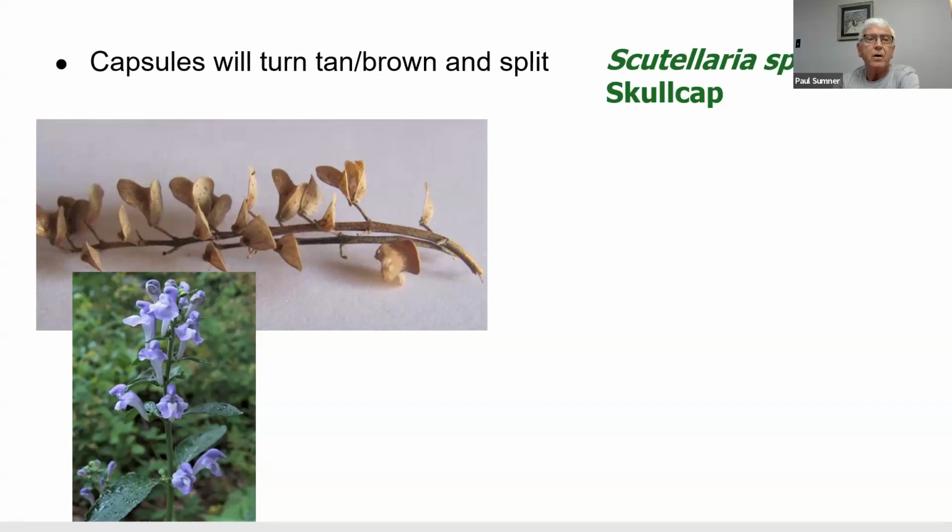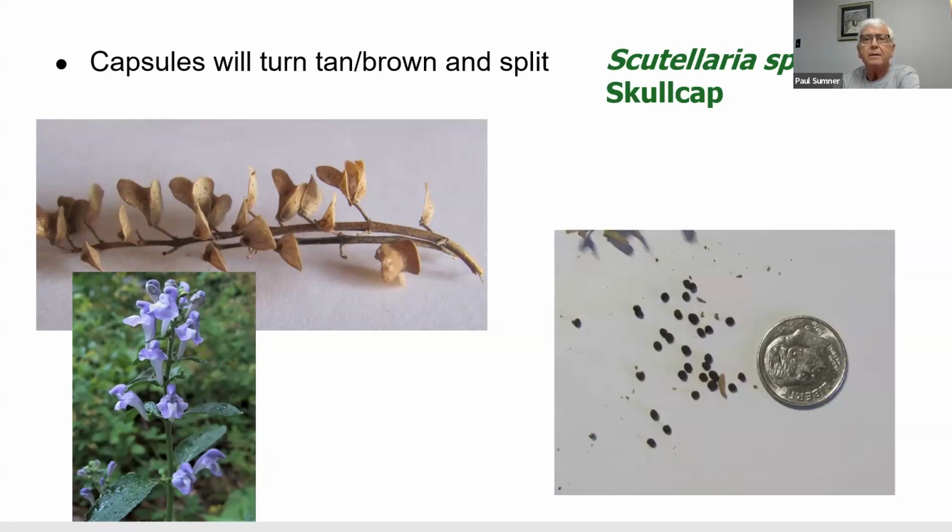If you wait too long, they'll pop up on you, and when they do, it opens up that pod and throws the seed out onto the ground, or into the pot if you're growing them in a pot. The seed are small, as you can see here, and they're black. And the black ones are the ones that have the highest germination.